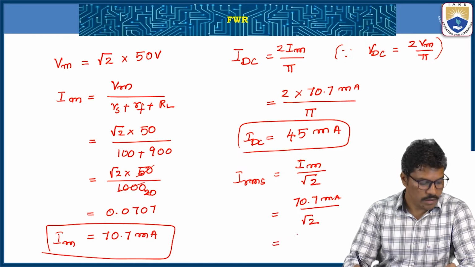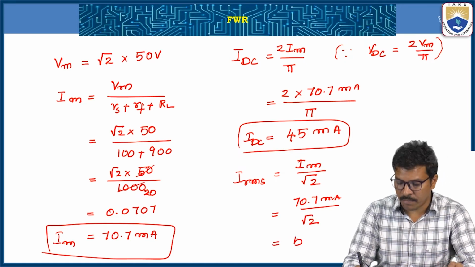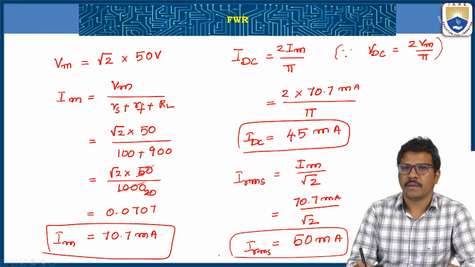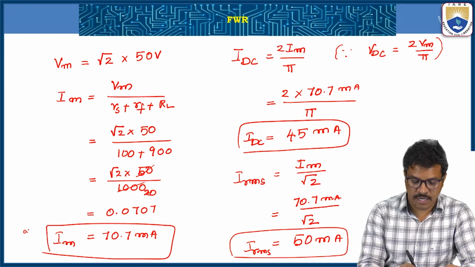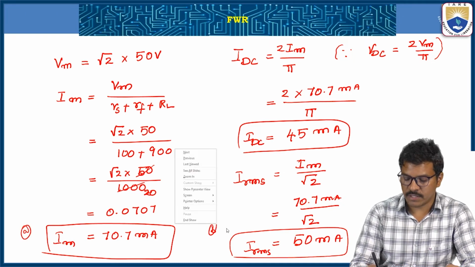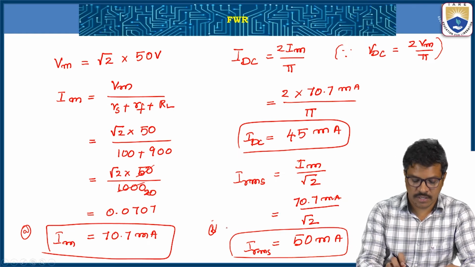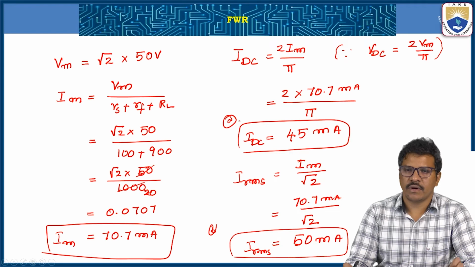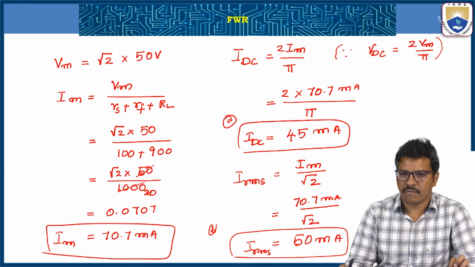You will get 50 milliampere, IRMS. So this way we find two parameters, A and B: the DC current delivered to the load and the RMS current delivered to the load, 45 milliampere DC current and 50 milliampere RMS current.